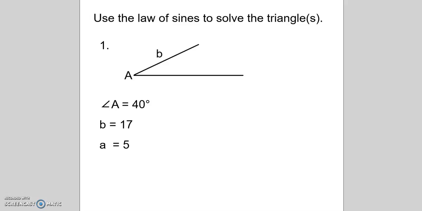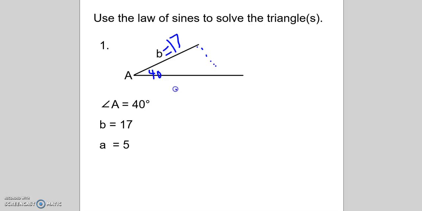So for this one, we're given that this angle right here is 40 degrees, and then we know that B equals 17, and we would know that side A would be somewhere over here. We don't know if it's going to reach our third side or not. So we need to first solve for angle B because of what we're given.